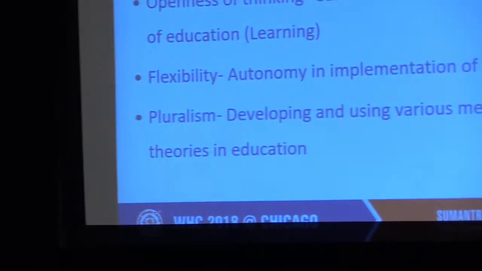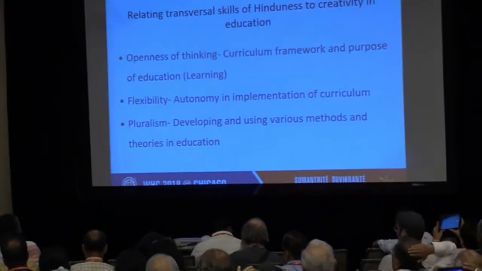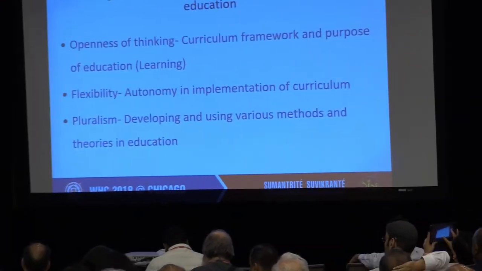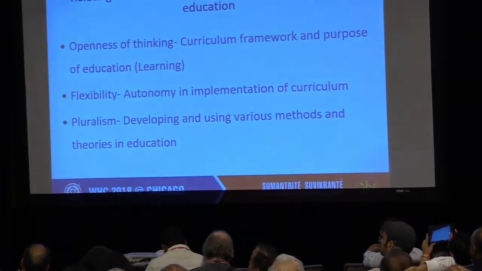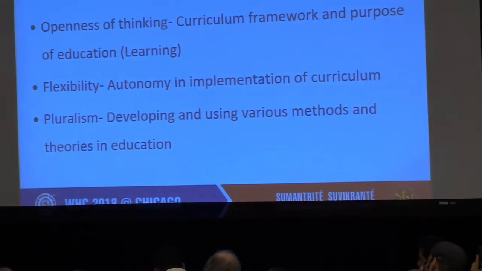So how do we relate these qualities of Hindu-ness to creativity in modern education? As I mentioned in the first place, this openness of thinking which we have. We can give an open curriculum framework with flexibility, giving autonomy to teachers to experiment more.